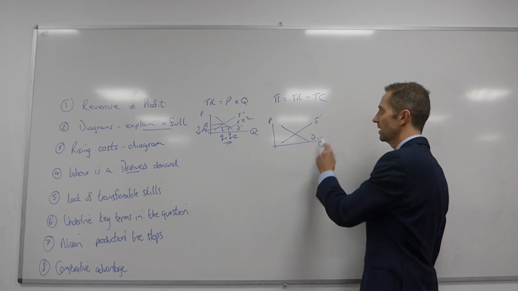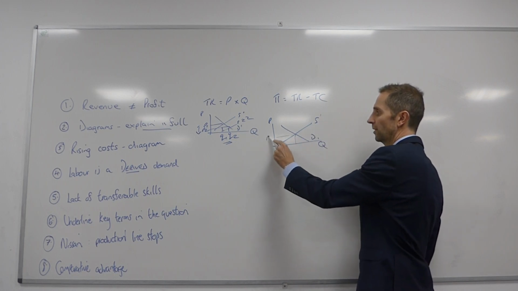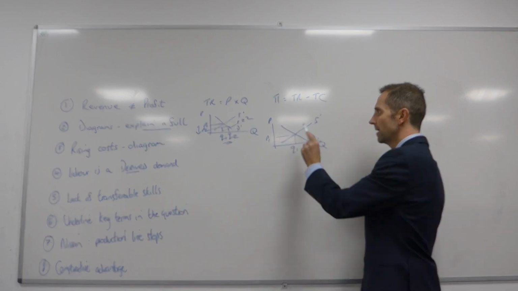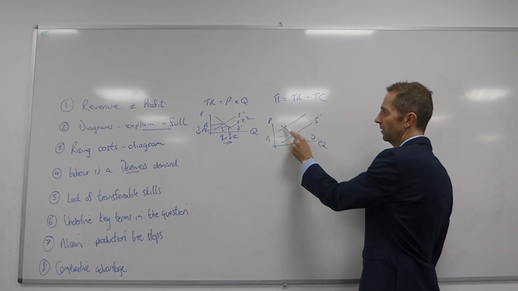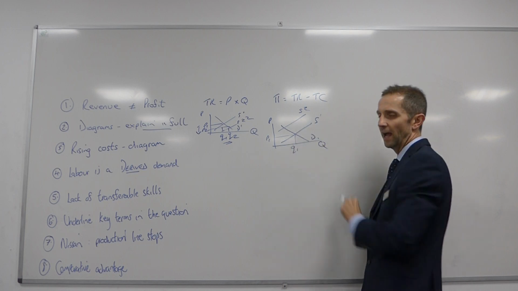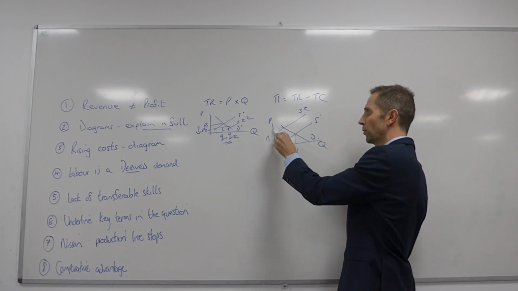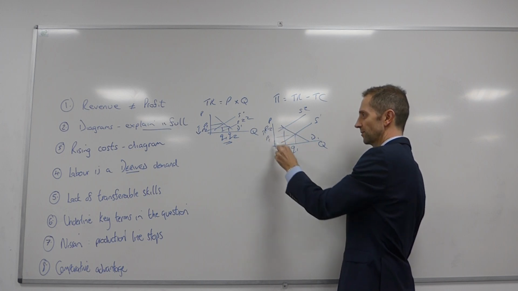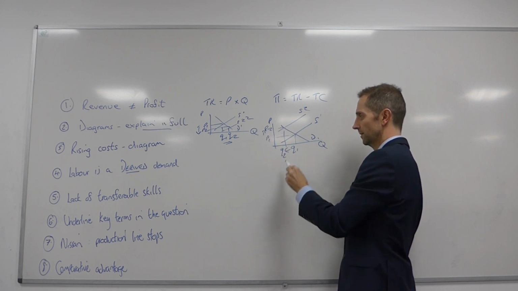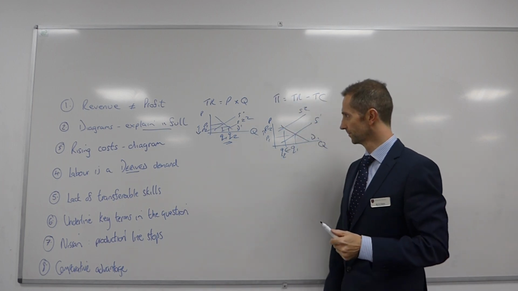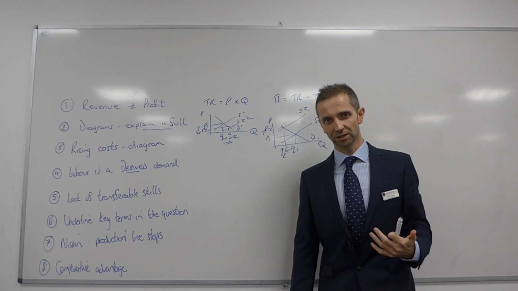Now the way to illustrate that, ladies and gentlemen, is that we start off here at equilibrium, P1, Q1, S1 and D1. Costs means that the supply will shift to the left. So increasing costs shifts the supply curve to the left or upwards. Consequently, price of the final product rises and quantity demanded and supplied reduces. So that's your diagram there, ladies and gentlemen.